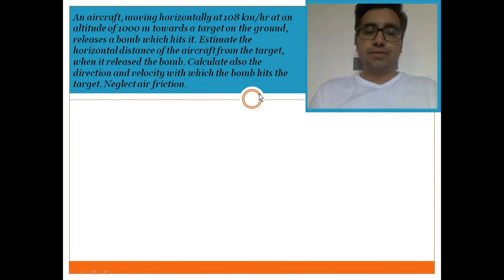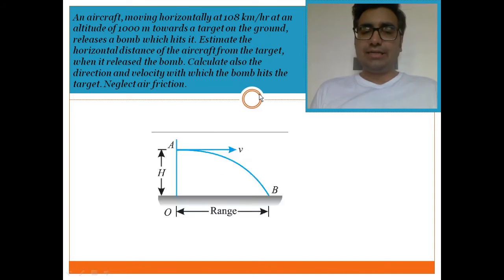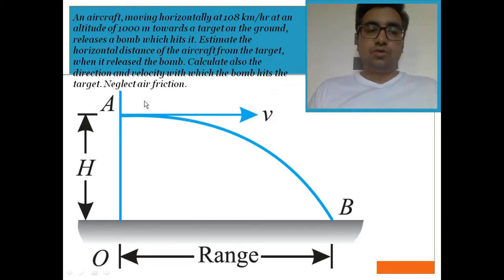Ignore the air friction. So let's draw the graphical approach to understand this. The particle is thrown from point A over here. The particle hits the target at point B over here. So the particle is traveling a horizontal distance which we are going to call range. The formula of range which we have derived is applicable only for the same plane.